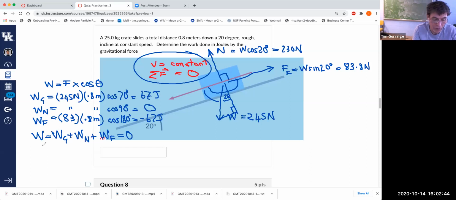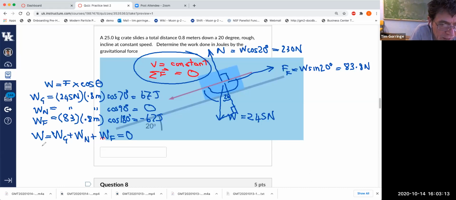Or you could say, if it's moving at constant velocity, its kinetic energy is not changing, then by the work energy theorem, the work done by the net force is the change in kinetic energy. If the kinetic energy isn't changing, then there is no work done by the net force. So you can answer it that way too, without a calculation.